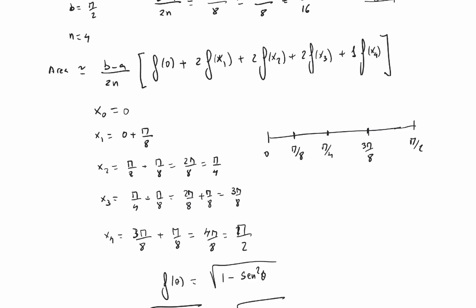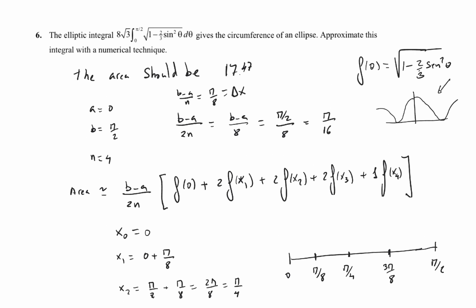So we apply the trapezoidal rule, and remember that the area is the area of this curve, of the function f of theta. So there is a factor here, 8 square root of 3, so whatever you find here, you have to multiply by 8 square root of 3.